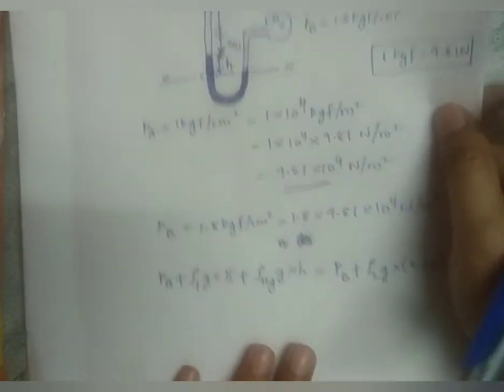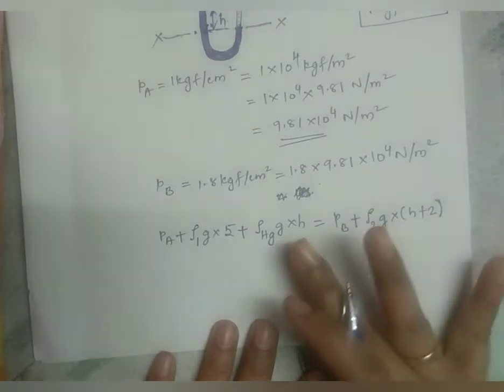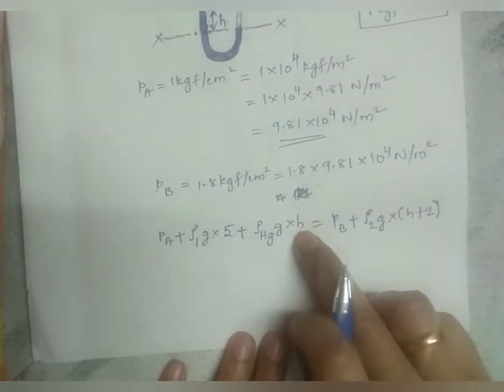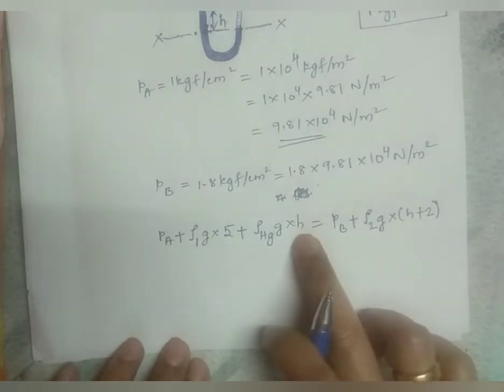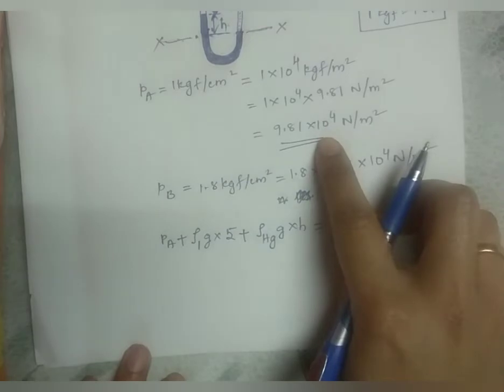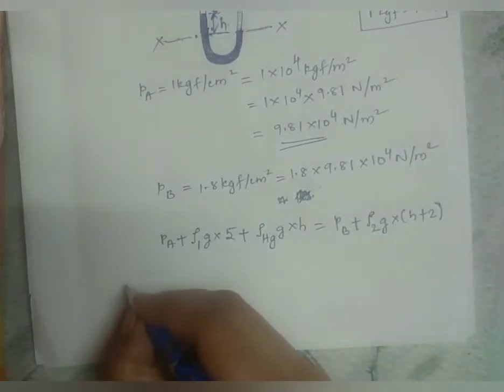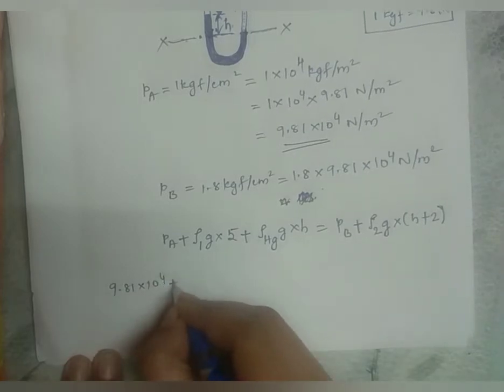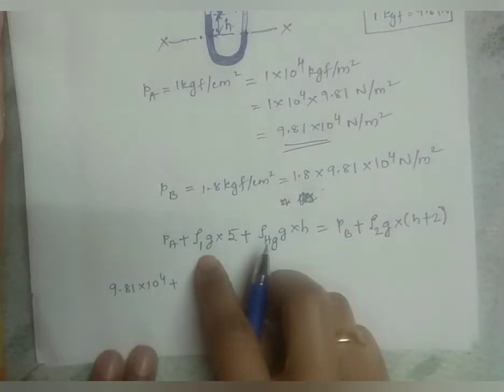Now you simply substitute the values to find H meter. The only unknown here is H. So I am writing PA as 9.81 into 10 raised to 4, plus rho 1. How to find rho 1?